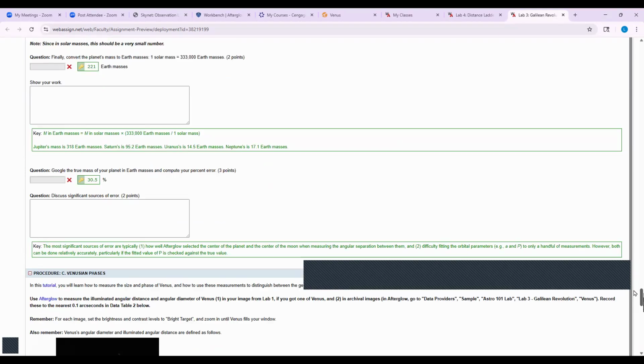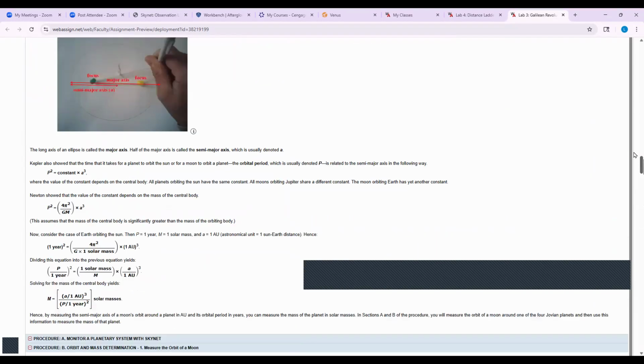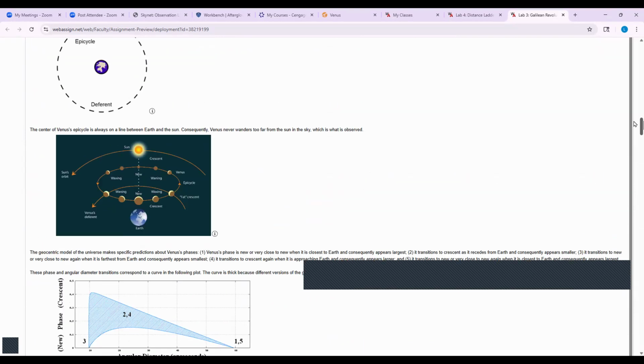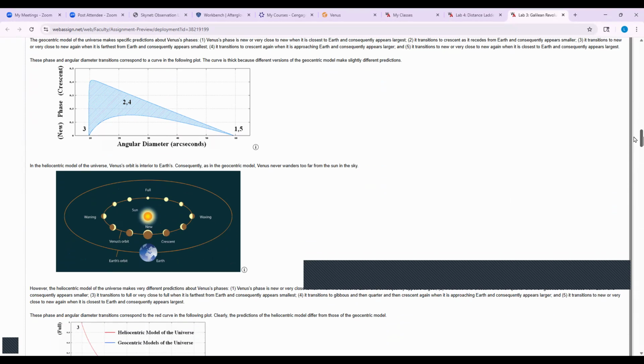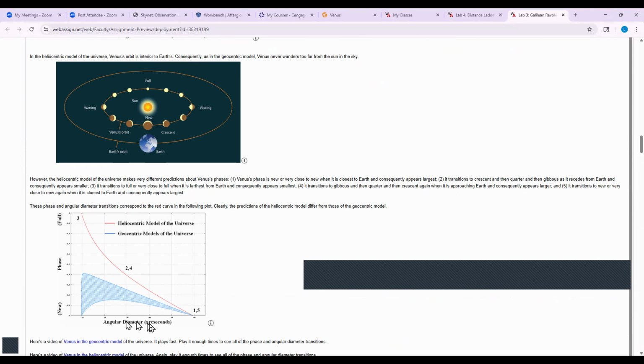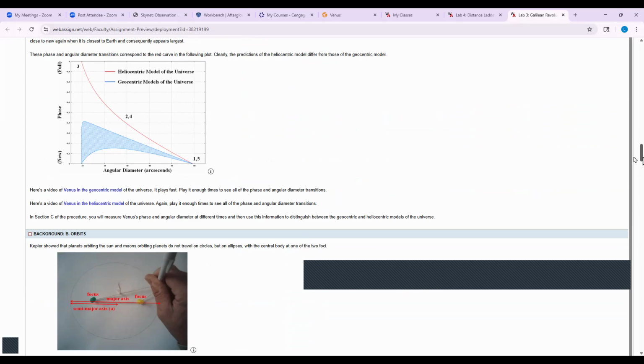The Venus background information provides very good and handy tools that we described on previous weeks: if we had the geocentric vision and heliocentric, how the kind of curves that we get based on the angular diameter of the Venus versus the phase are gonna be different. Here we're gonna show on the phase 3 what actually we can do on this measurement.